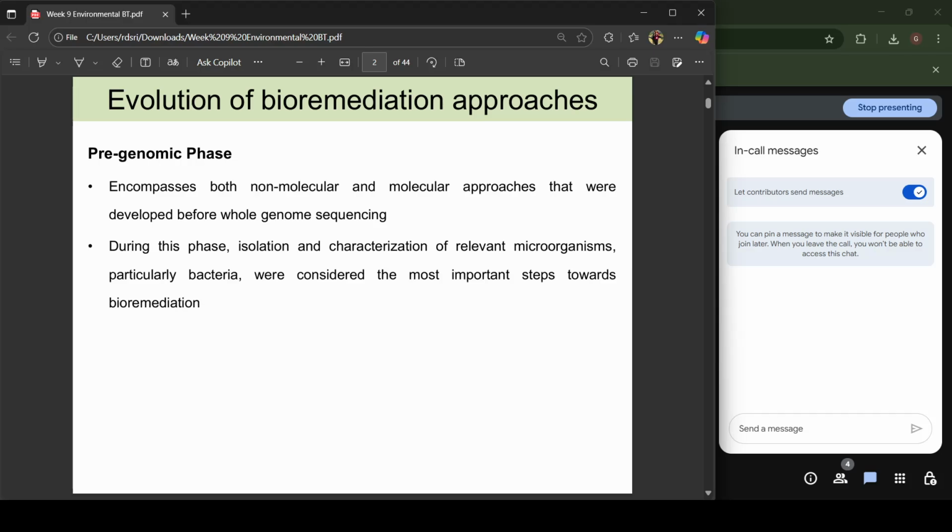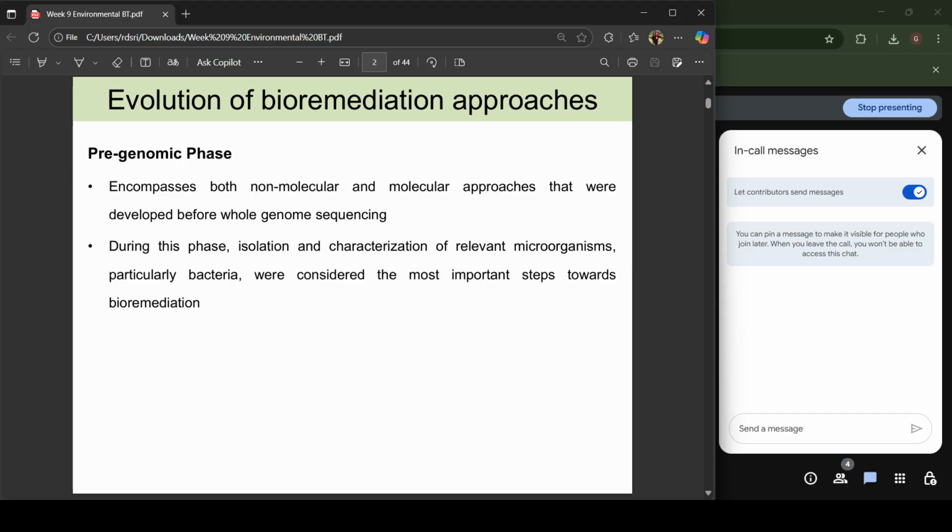The first phase is the pre-genomic phase. In the pre-genomic phase, it encompasses both non-molecular and molecular approaches that were developed before whole genome sequencing. So, whole genome sequencing is taken as the landmark, and we have pre-genomic and post-genomic phases.